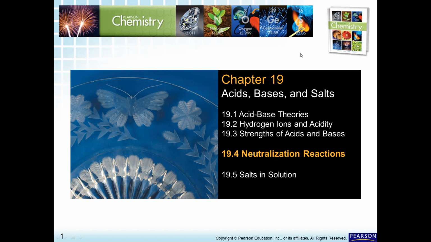I assume that last time we finished section 3, where we talked about the strength of acids and bases, and we agreed that we determine their strength based on the degree of ionization or degree of dissociation.